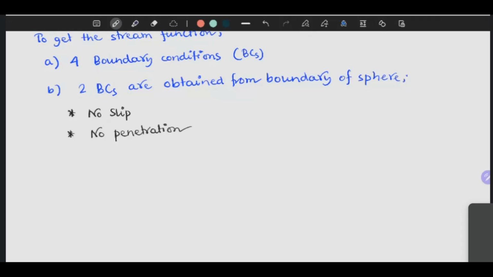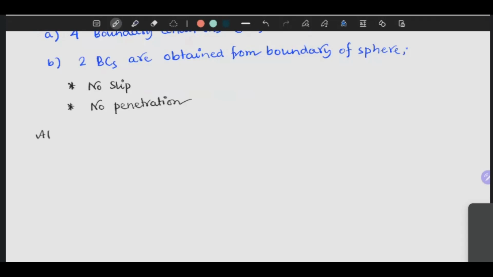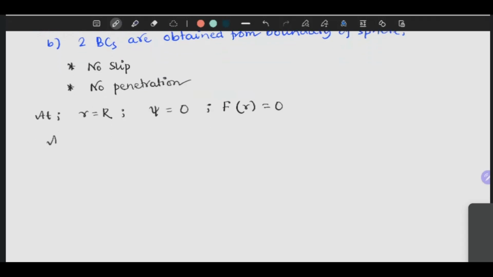At r equal to capital R, the radius of the sphere, psi must be 0. That means f of r must be 0. That means at r equal to R, del psi by del r equals 0, and from that del f by del r equals 0.